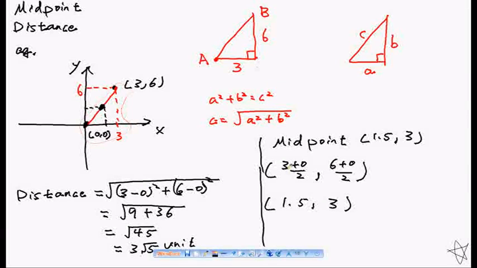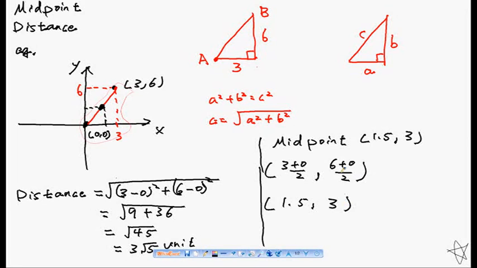The midpoint is just the sum of the x coordinates of both points divided by 2. That's the x coordinate of your midpoint, and you do the same thing with the y coordinate.